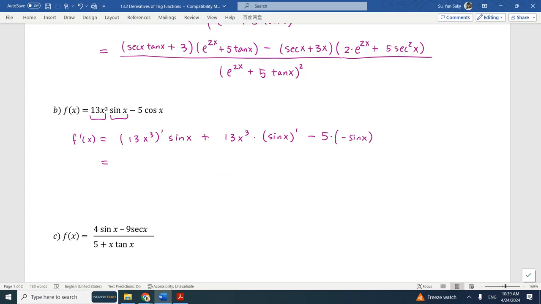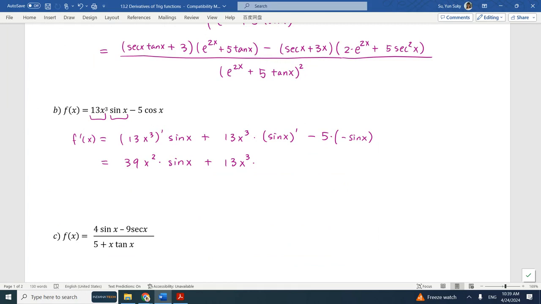The derivative of 13x cubed is 39x squared. And then times sine x plus 13x cubed. The derivative of sine x is cosine.